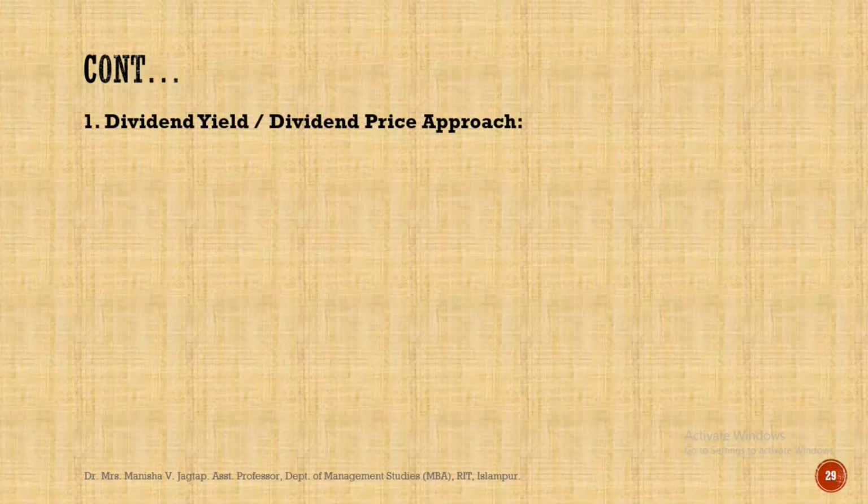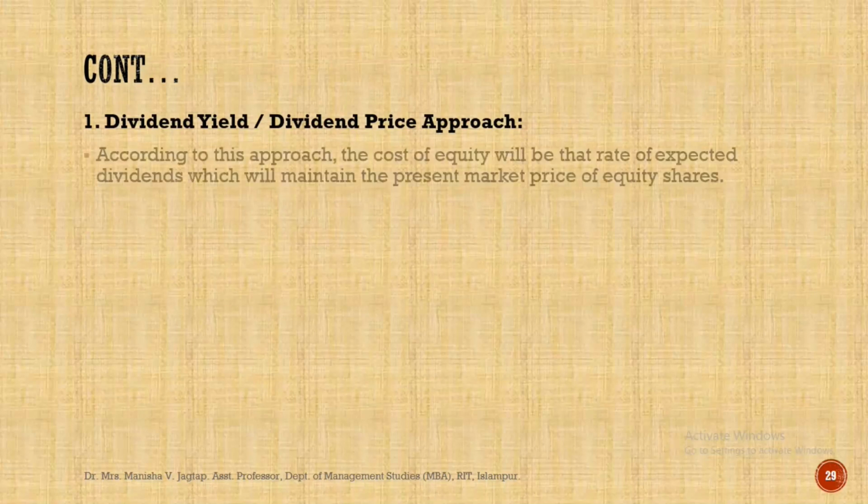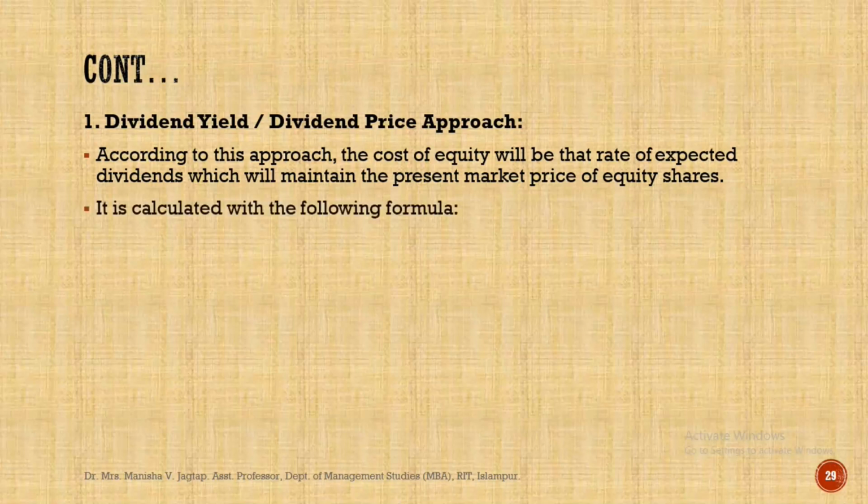First is the dividend yield or dividend price approach. According to this approach, the cost of equity will be that rate of expected dividends which will maintain the present market price of the equity share. And it is calculated by applying the following formula: KE, the cost of equity, is equal to D upon NP.